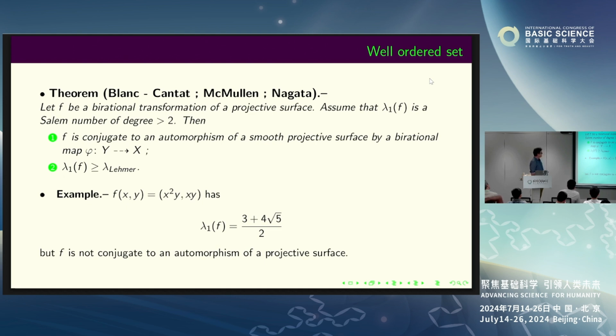Then the first statement is due to Nagata and Macmillan. If f is an automorphism and not just a birational transformation, then lambda 1 of f is larger than or equal to the Lehmer number. And in fact, the Lehmer number is realized.